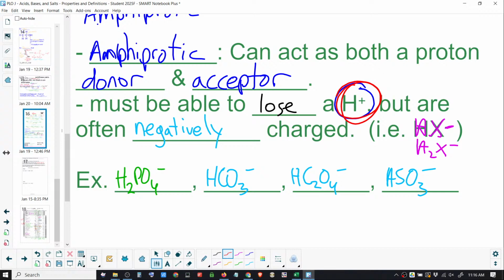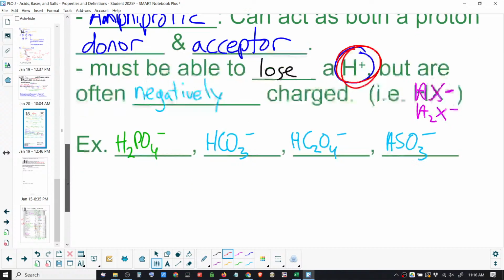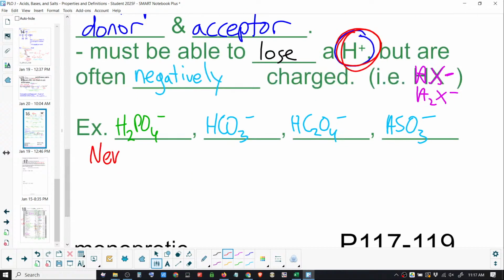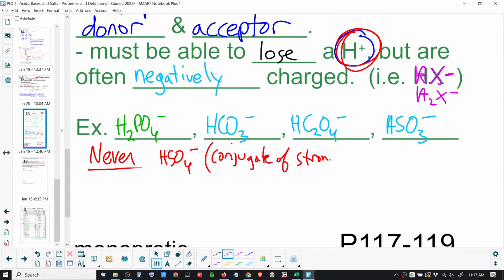And then never HSO4 minus. Conjugate of strong acid. Cannot be a base.